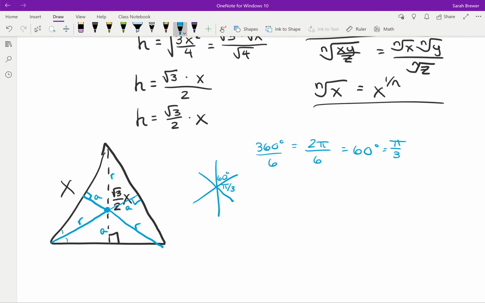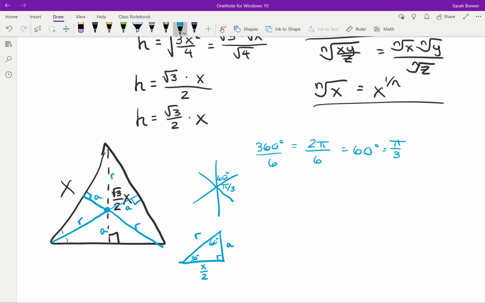And so this little triangle here, made up of my radius and my apothem and half my edge length, is still a 30, 60, 90 triangle.